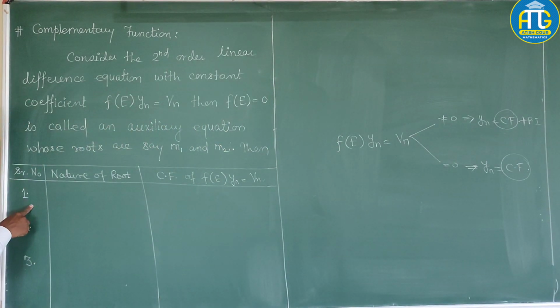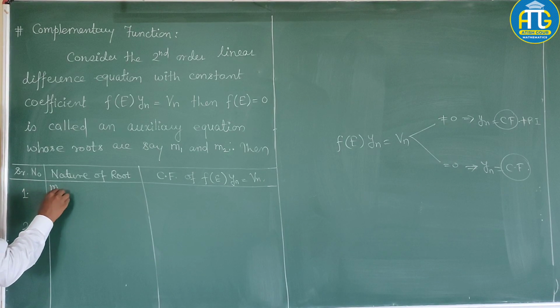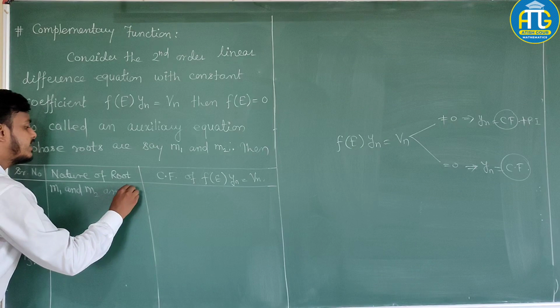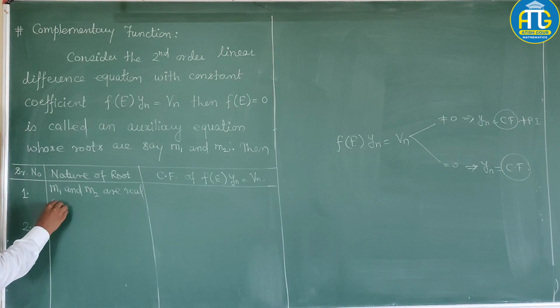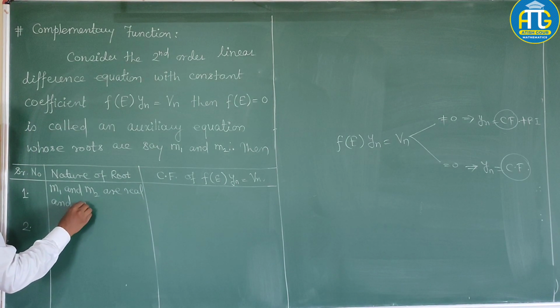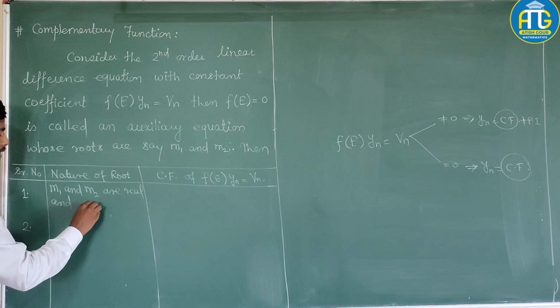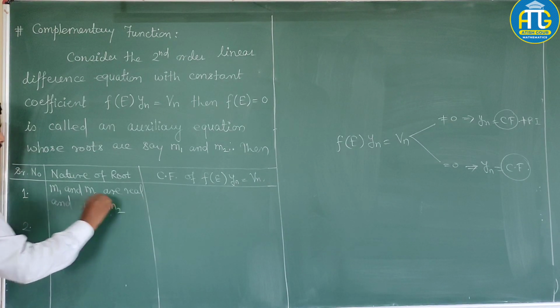So I am writing the first possibility, which is m1 and m2 are real and not equal. Real and not equal means m1 not equal to m2.